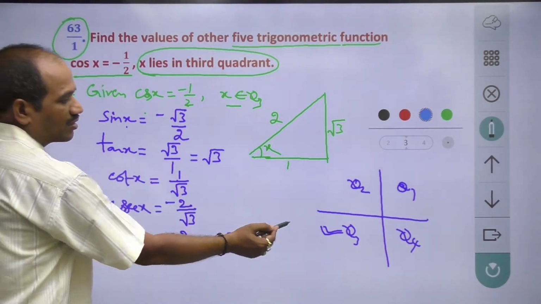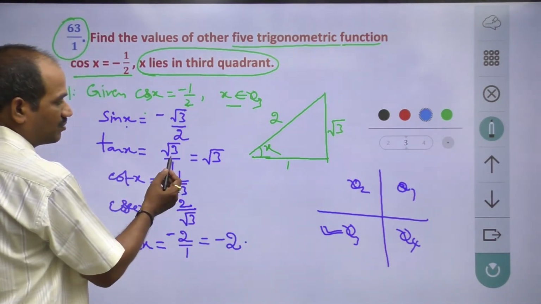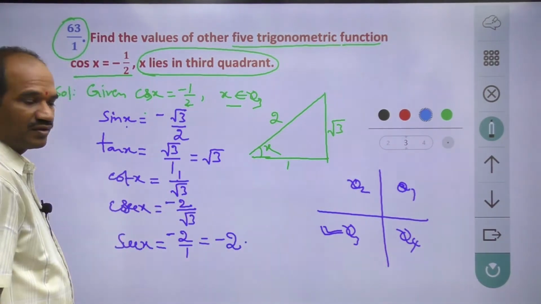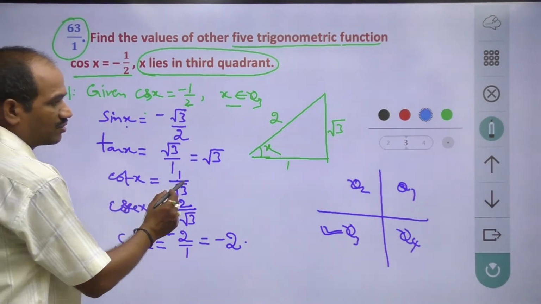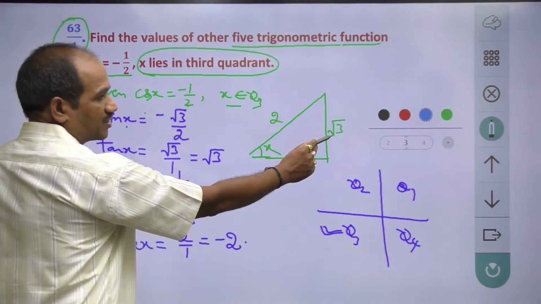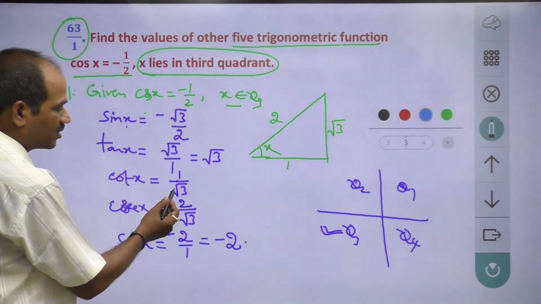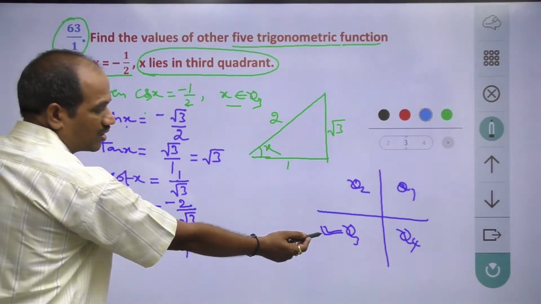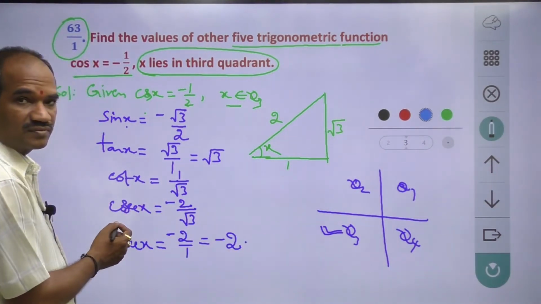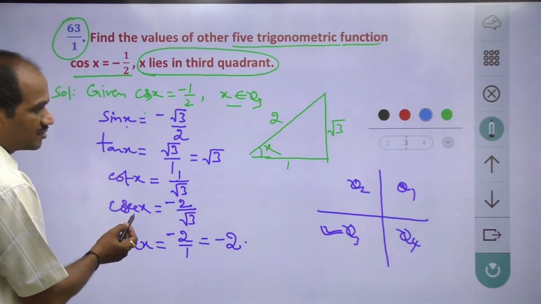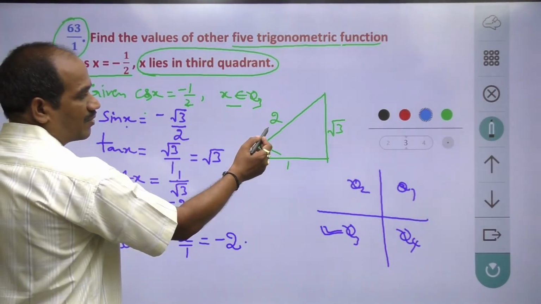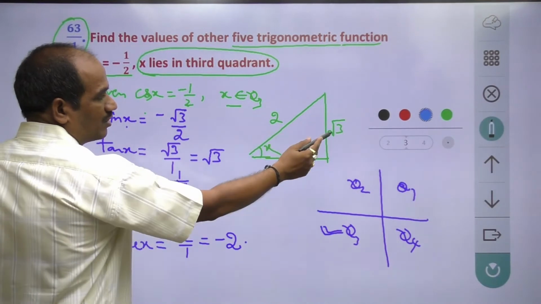In the third quadrant tan x is positive, so root 3 only. Next, cot x is equal to adjacent side by opposite side, so 1 by root 3. In the third quadrant cot x is positive. Next, cosecant x is equal to hypotenuse by opposite side, 2 by root 3.